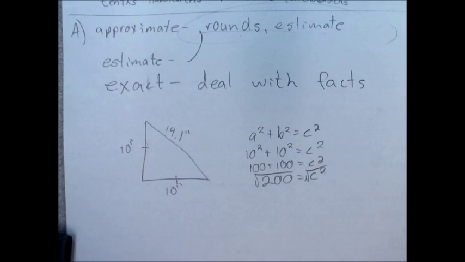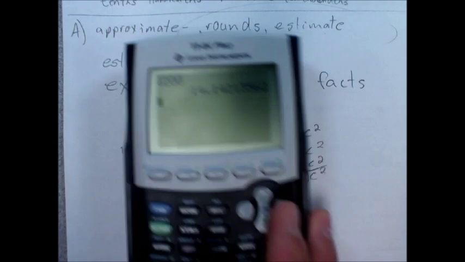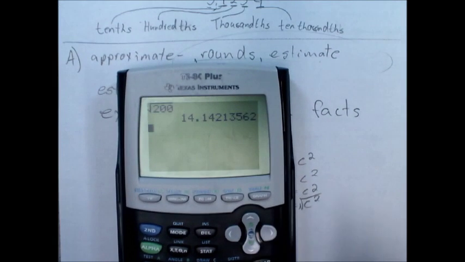There you go. So, looking at it, let me see if I can get it to show up on my screen here. The square root of 200 is a kind of long decimal. So, her measurement was 14.1, which is probably going to get her close enough, right? However, it's not an exact number, is it?